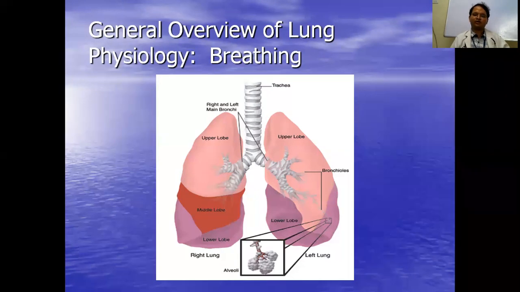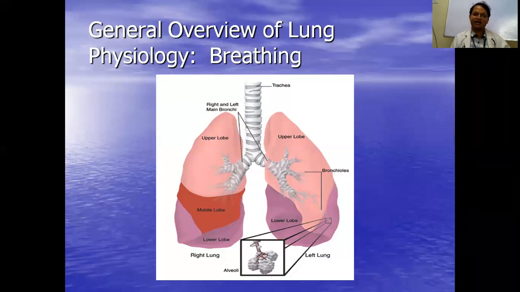So, breathing is the most important activity for a human being, and in this, the lung plays the main prime role in breathing. The lower respiratory tract starts at the C6 level, at the level of the cricoid cartilage, where the trachea starts.